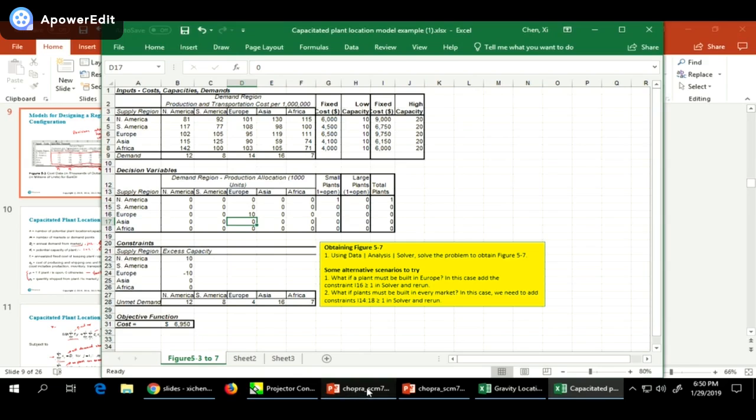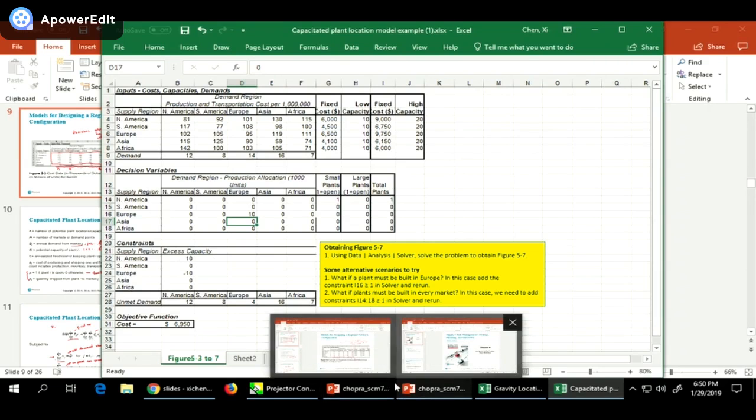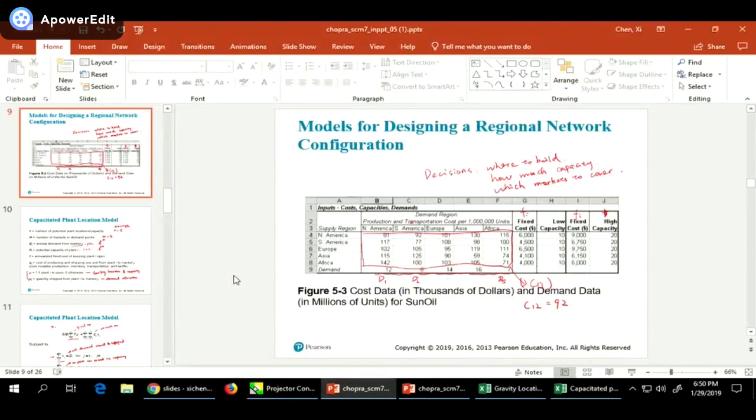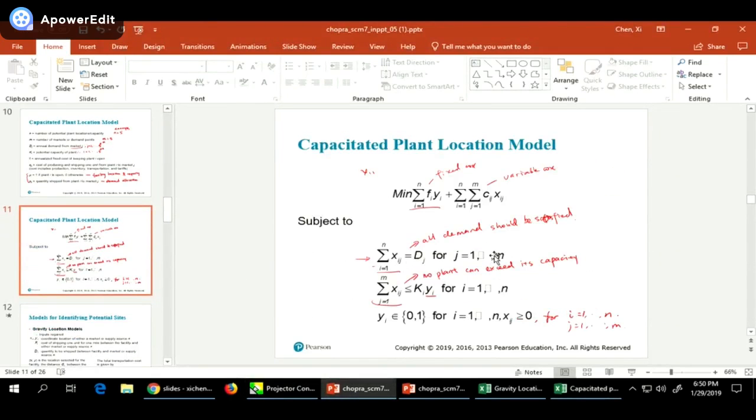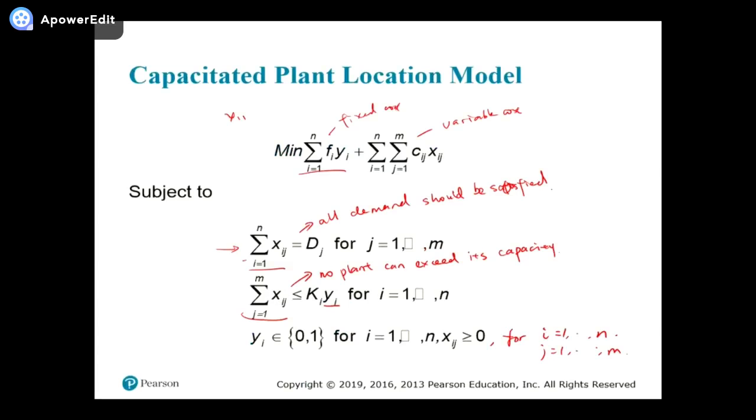So for constraints, what we had is, for example, in the first constraint, we could write it as the sum of Xij over all i, subtracted by Dj, should be equal to 0.